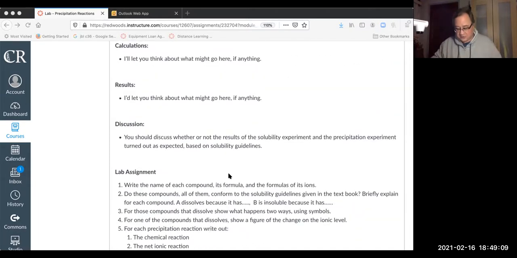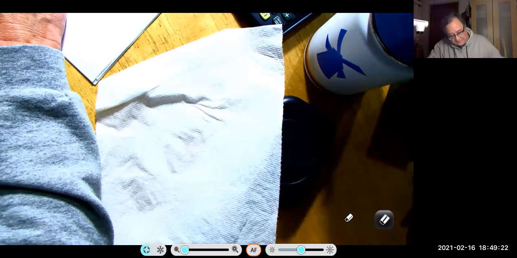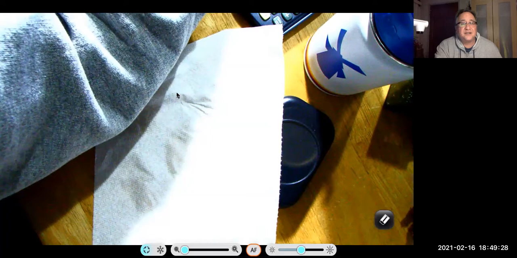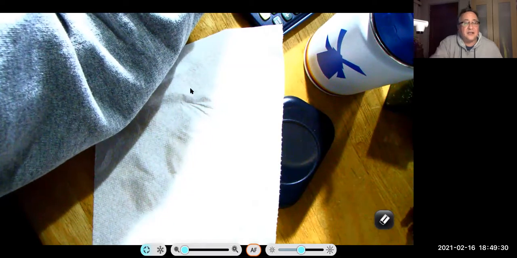I'm going to change my share screen. So one of the compounds is calcium carbonate. And I'm going to go back and look at the question again. Make a table of the name of each compound.